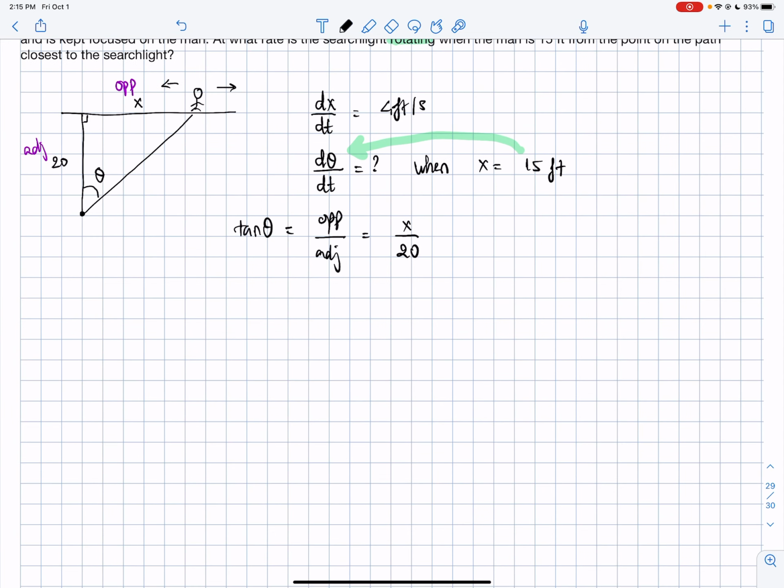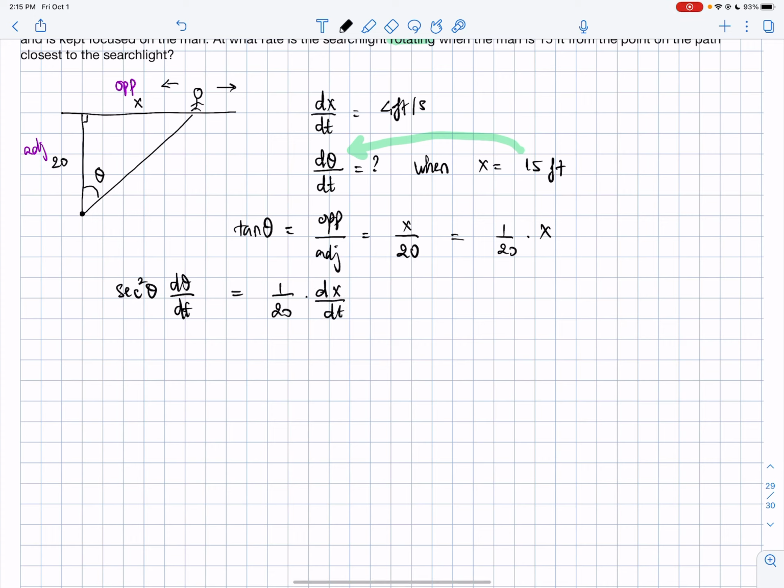And now we take the derivative of both sides with respect to the time t. So we get the derivative of tangent of theta, which is secant squared theta times d theta dt, equal to 1 over 20 times x, so that is a constant, 1 over 20 times dx dt.